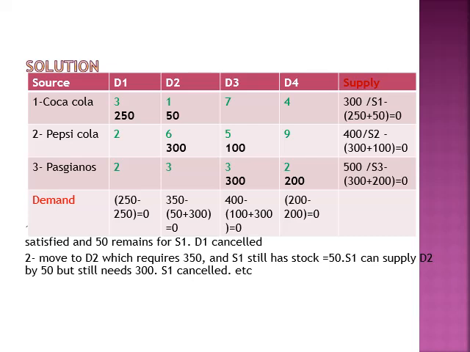So Coca-Cola can supply D2 with the 50 units. 250 plus 50 is 300. So now Coca-Cola has no stock. After we satisfy the needs of D1 and the stock of Coca-Cola is finished, then we will move to the next row.